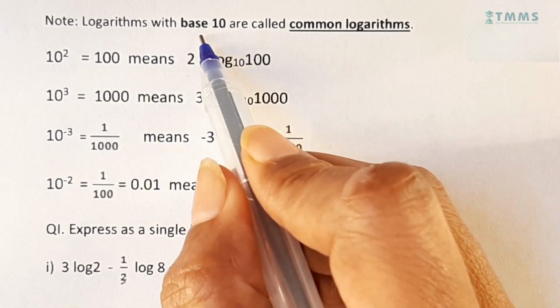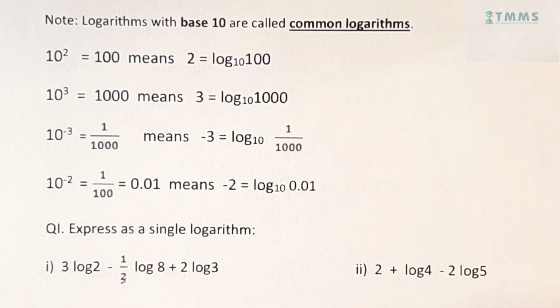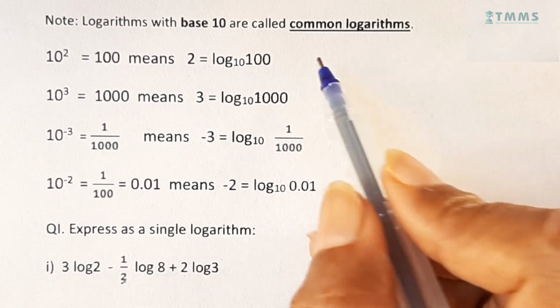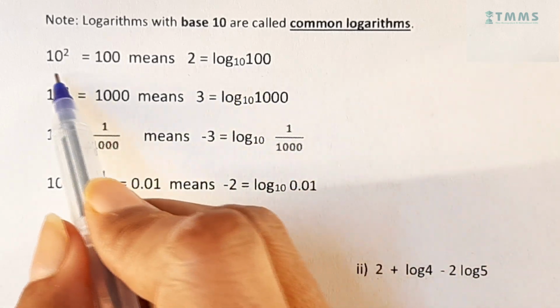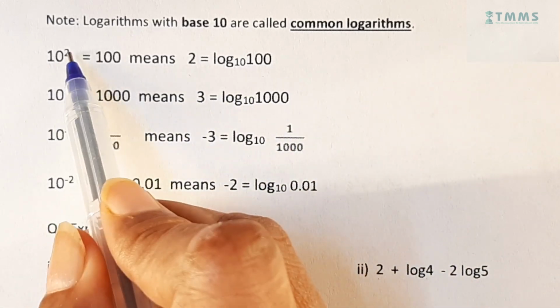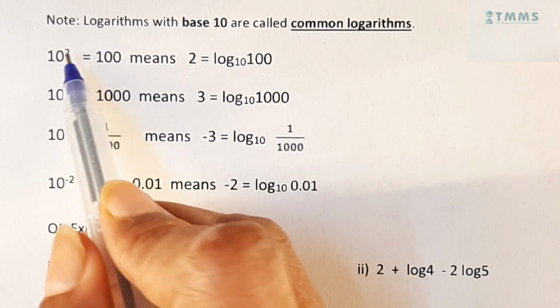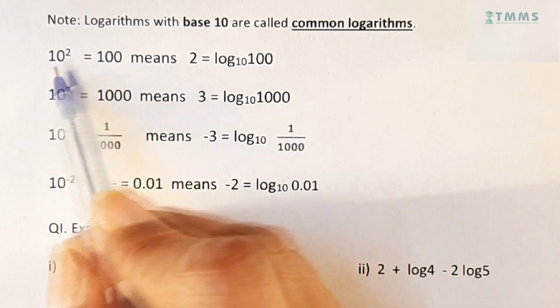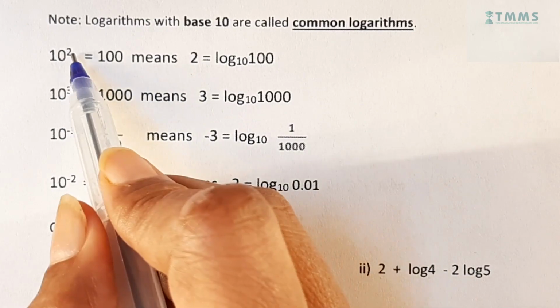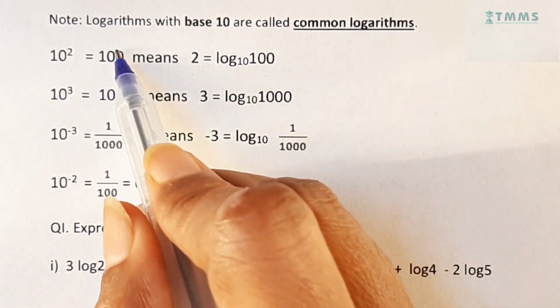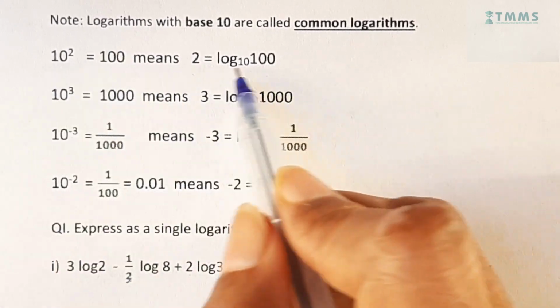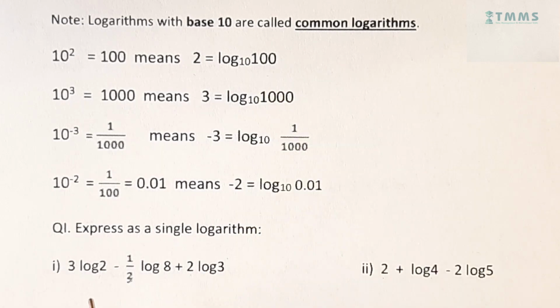Now let us look at some more tips. The logarithm with base 10, as I told you, is called the common logarithm. So these are the common logarithms here. Why? Because 10 to the power 2 is equal to 100. We know that 10 square is 100, right? So 2 will be equal to log of the power to the base 10, so log of 100 to the base 10.